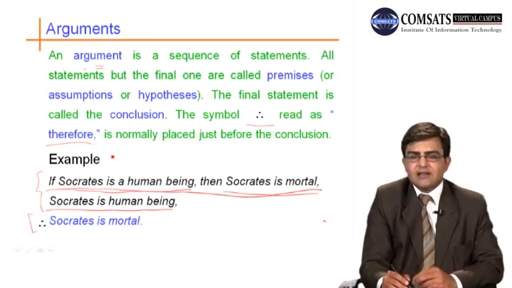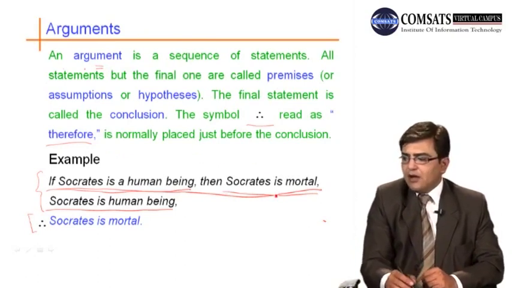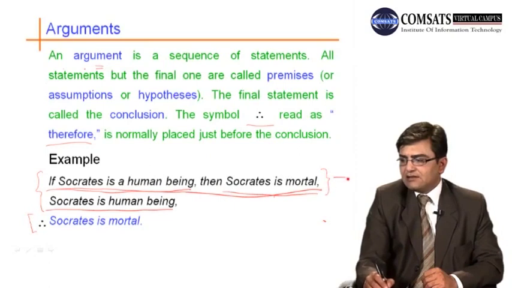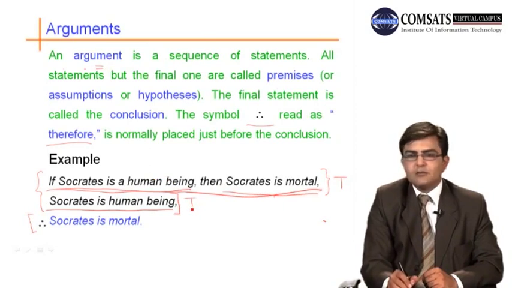You know all the cases when conditional statements are true. Now as a whole we will suppose that this statement is true and also this statement is true. In arguments we suppose that all premises are true, and on the basis of these premises we draw the conclusion.